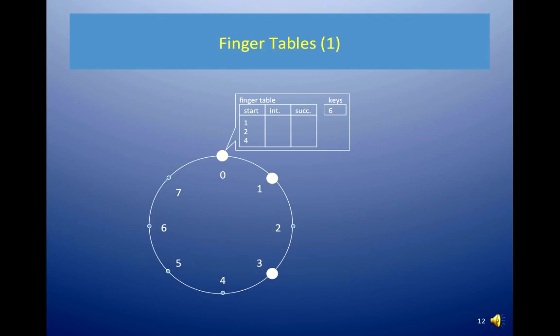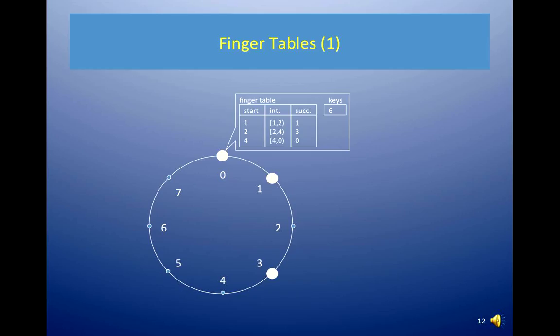Again, 0 plus 2 squared, which is 4, mod 8 is again 4. So it maintains the information of 1, 2 and 4, and it maintains their successors. The key 1 successor is 1, key 2 successor is 3, and key 4 successor is 0. So it maintains these keys' information.